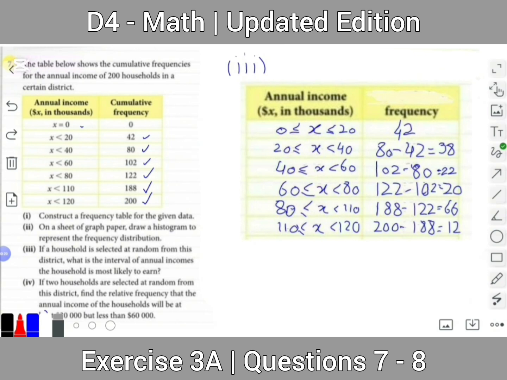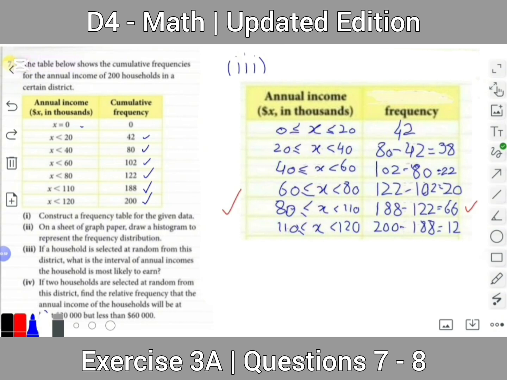So that interval will be from the table. If we observe from the table which class interval has the highest frequency. So here we have 1, 2, 3, 4. 66 is the highest frequency in the table, and the corresponding class interval for the frequency of 66 is 80 to 110.